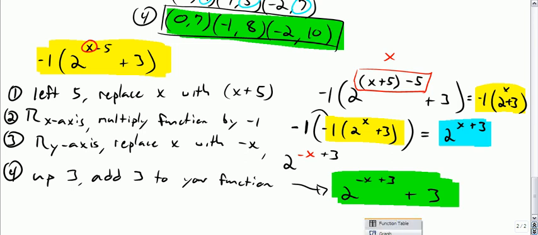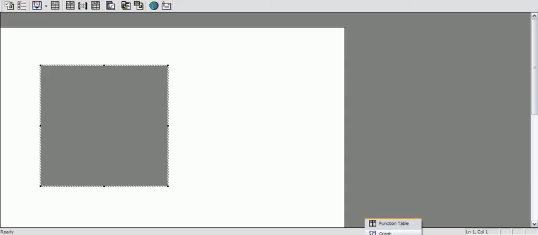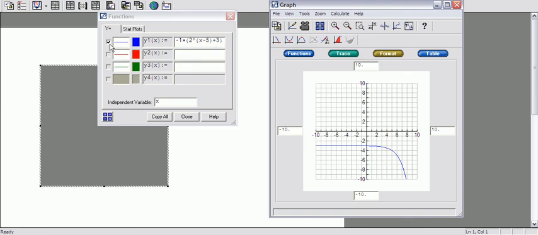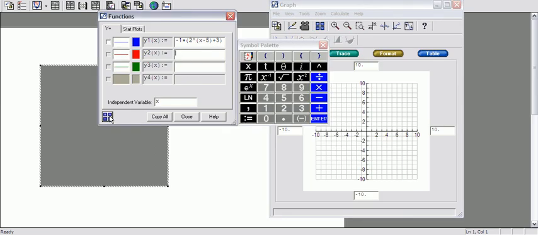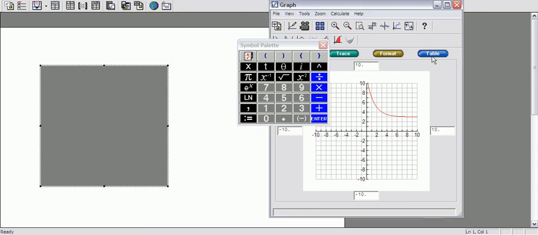So we'll go here real quick. 2 raised to the -x plus 3, then plus 3. Okay, close that. Look at my table.